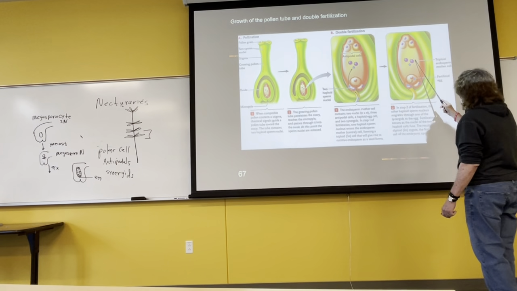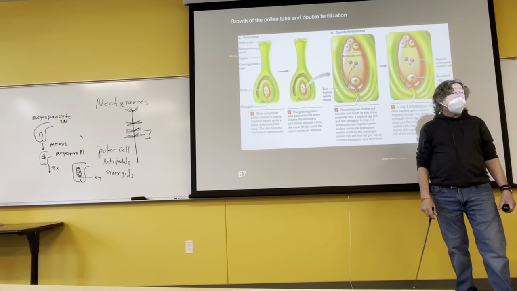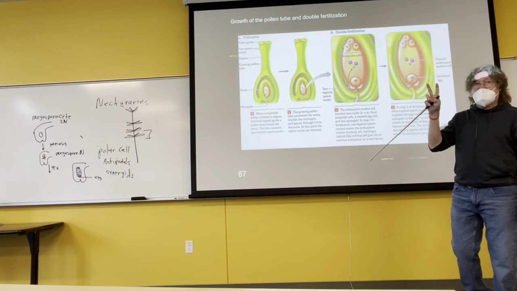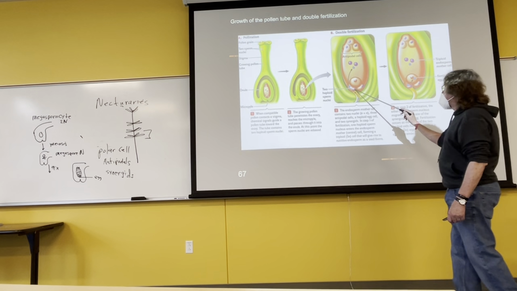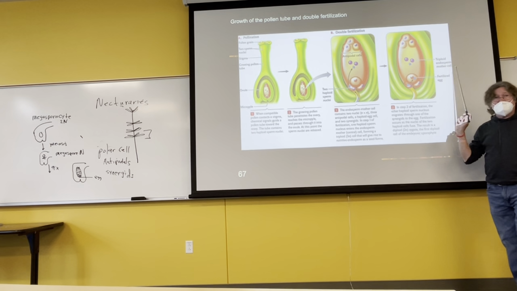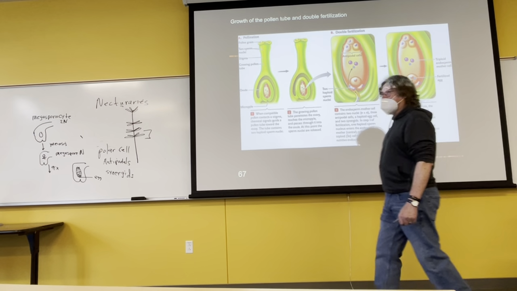All 3 of those will go together, and we have a triploid entity. 2 fertilization events. Okay? One produces the zygote. The other one produces something that's going to be called endosperm. Okay? So, double fertilization.